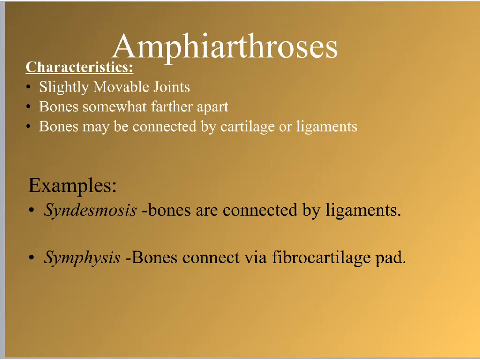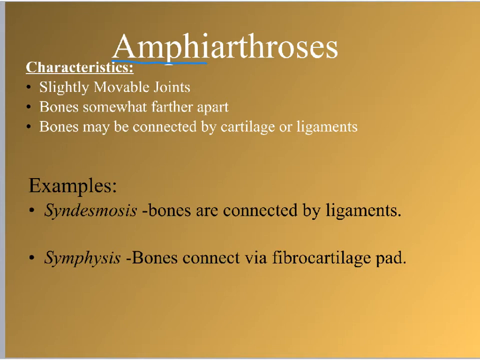The next type of joint I'd like to discuss with you is an amphiarthrosis. And amphi means kind of somewhere in the middle. Think of an amphibian. Where does an amphibian live? It doesn't live entirely on land, and it doesn't live entirely in the water. It's kind of somewhere in between.